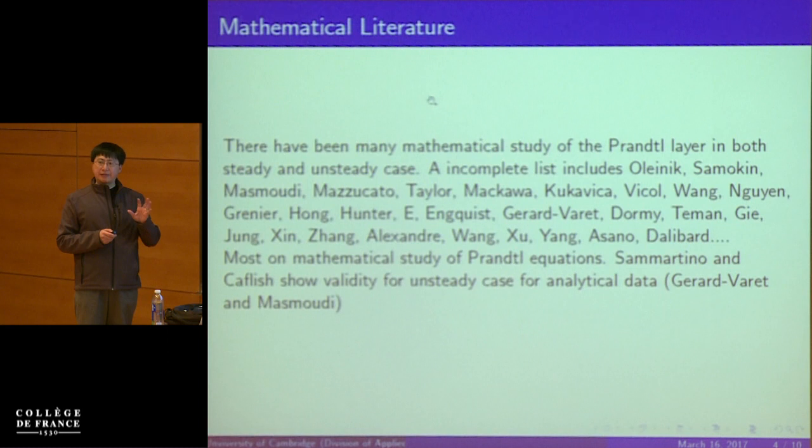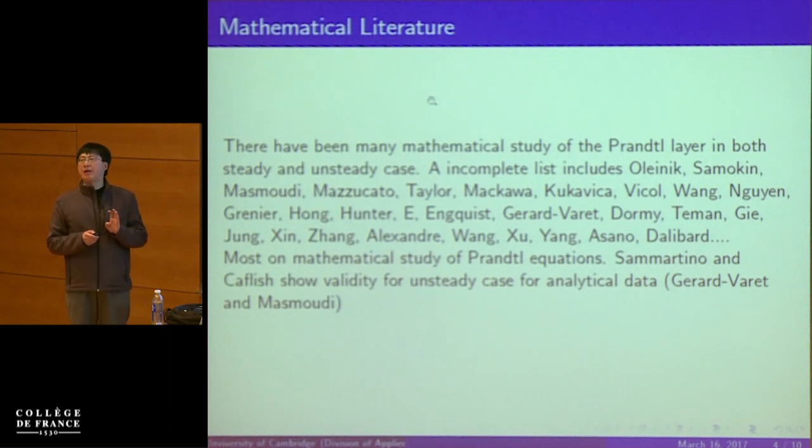Of course, these two classes are still a little bit restrictive from an application viewpoint. So the question really is whether you can show the validity in the time-dependent case with a finite number of regularity, let's say Sobolev space. This is still open. As a matter of fact, my feeling is that this in general might not be true, since we have some specific examples which show that at least the expansion is not right. So this is the unsteady case.